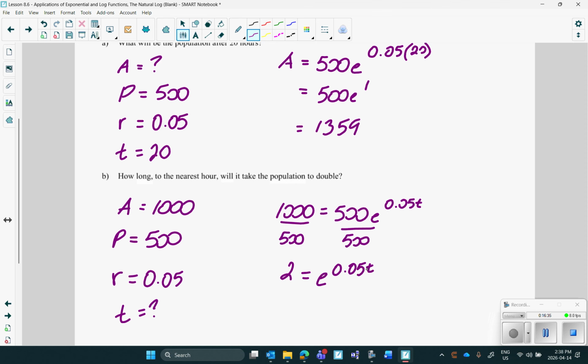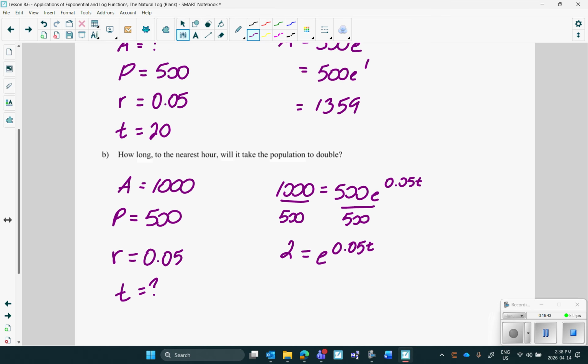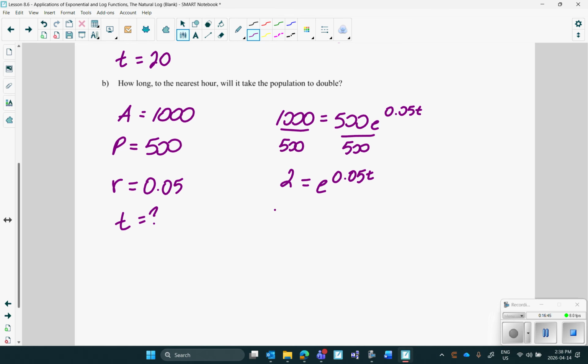What must I do that allows me to pull this in front? Take the ln of both sides. So ln 2 equals ln e to the 0.05 t. Now I can pull this in front.